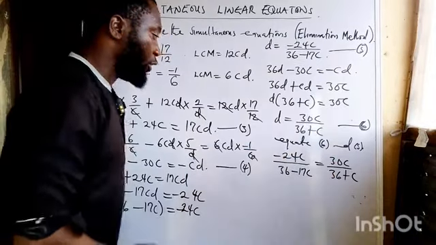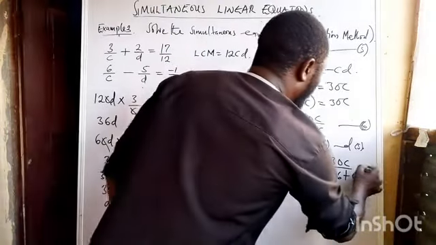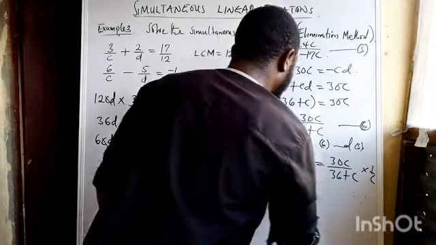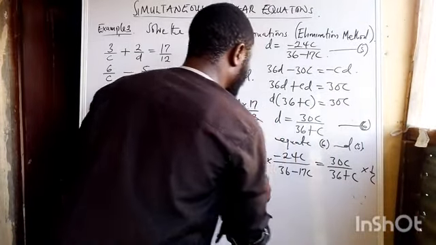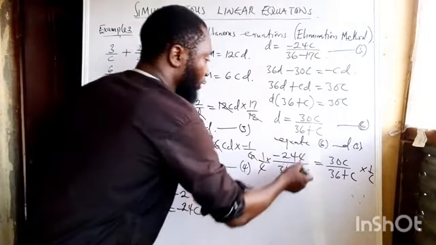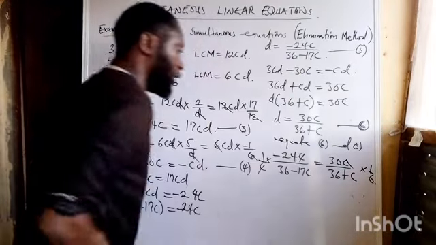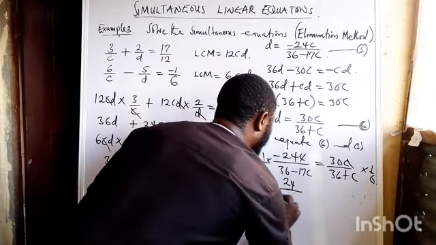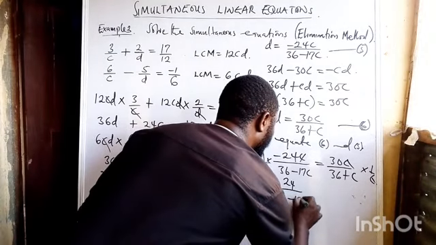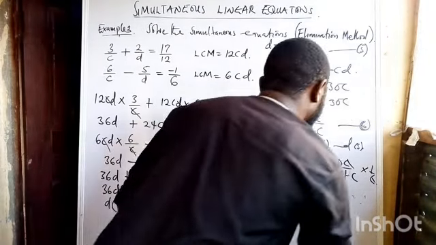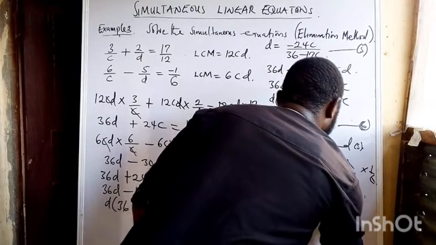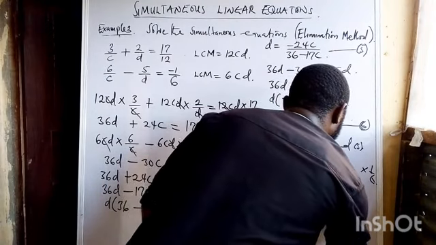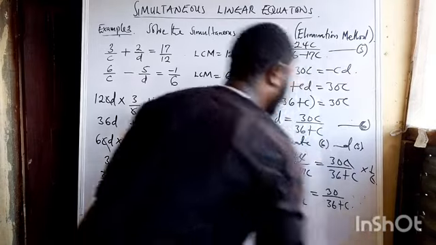Or let's just say you multiply this by 1 over C, you also multiply this by 1 over C, so this C will cancel out this, and this also cancels out this. What is left now? So we have 24 divided by 36 minus 17C equals 30 divided by 36 plus C. Now this is what we have.